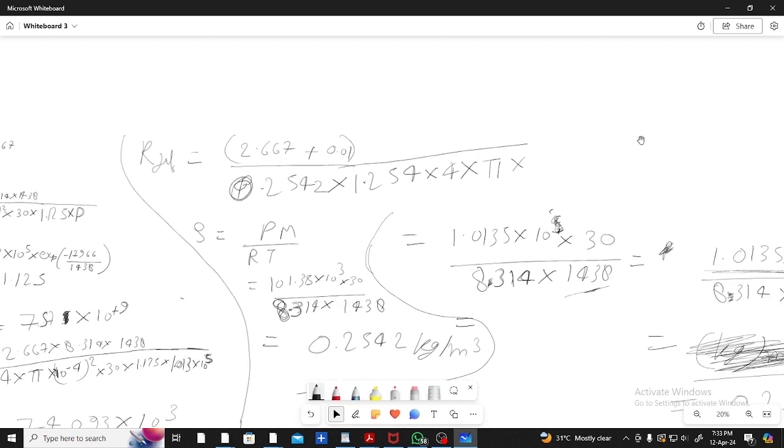So can you solve this? 10 to the power minus 4, right? Is this correct?